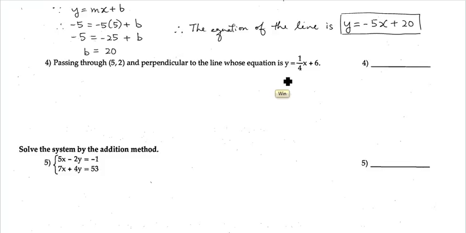Well, let's identify the slope for this line first. What is the slope for this line? The slope is 1 over 4. All right, good. And there is another line perpendicular to this. So what do we know about the slope?